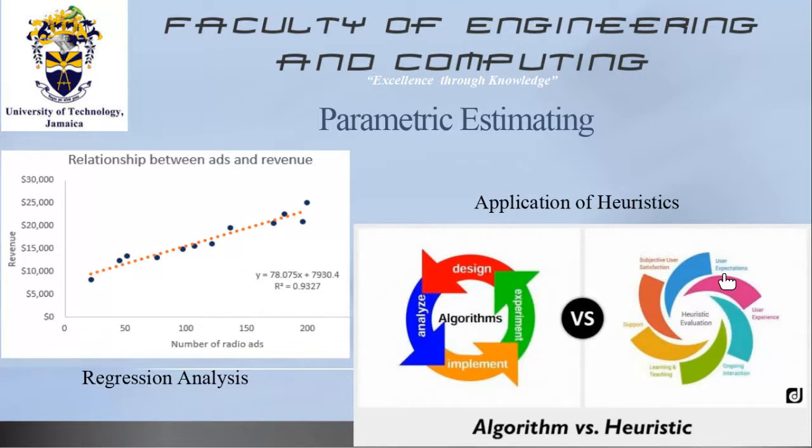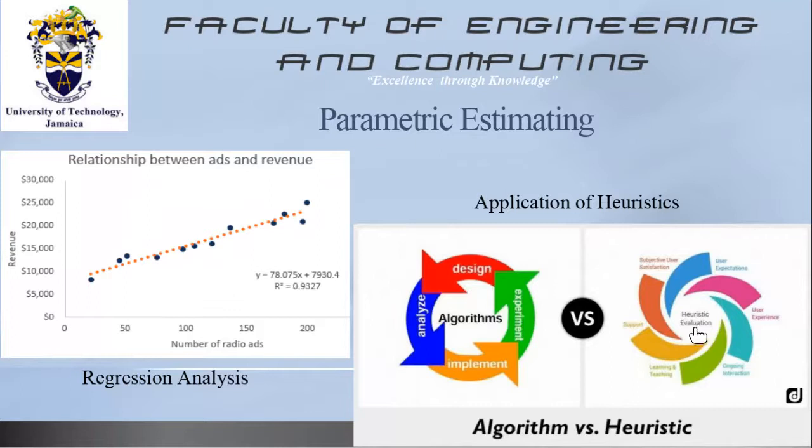Heuristics is going to consider all of these different factors that are feeding into the decision-making process. And at some point, a decision is going to be made based on those factors that are considered to be of most importance at that point in time.